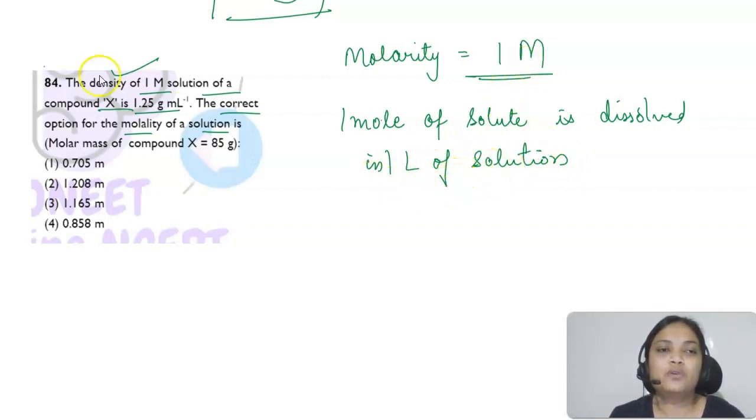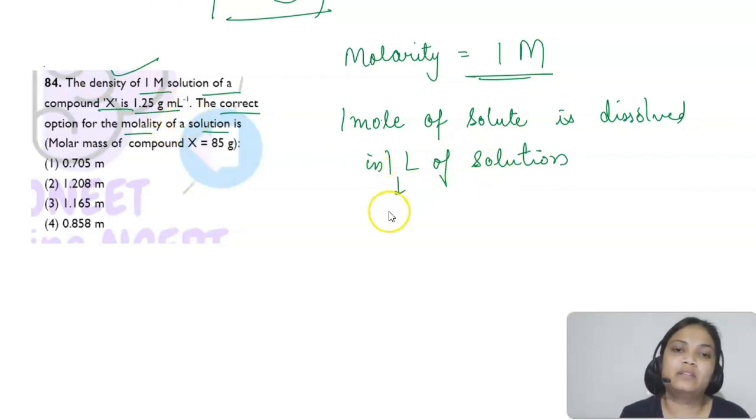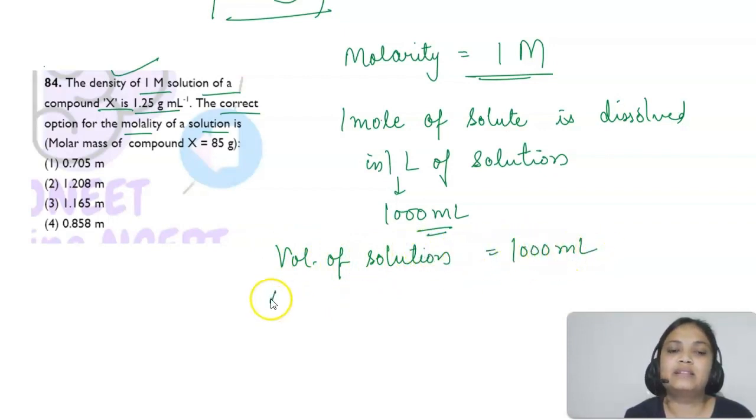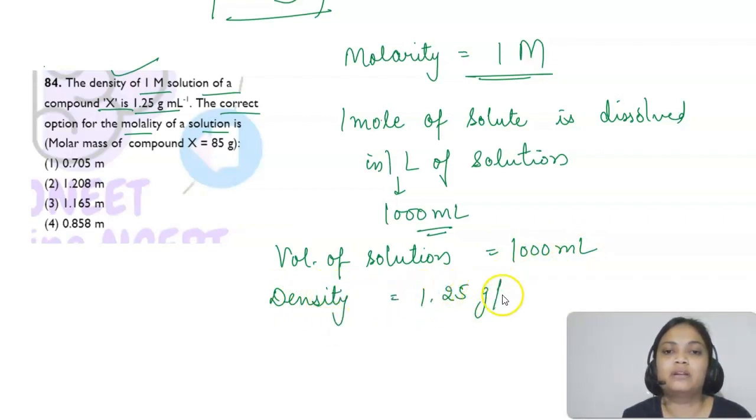Alright, so what we can say here is that 1 liter means 1000 ml. Okay, so from here the volume of solution is 1000 ml and the density is given, right? Density is given 1.25 gram per ml.